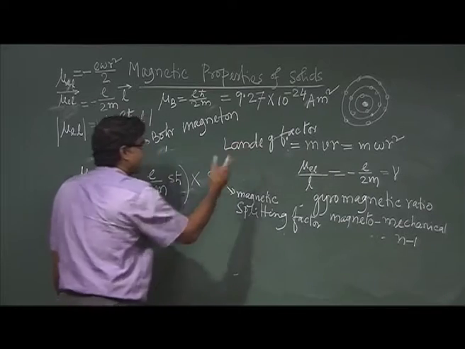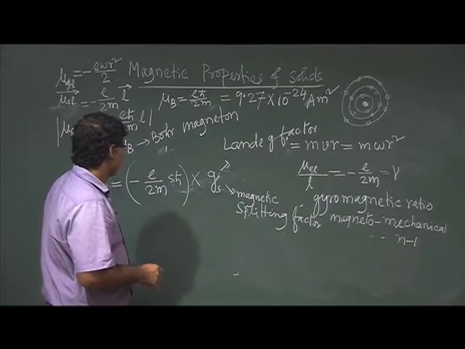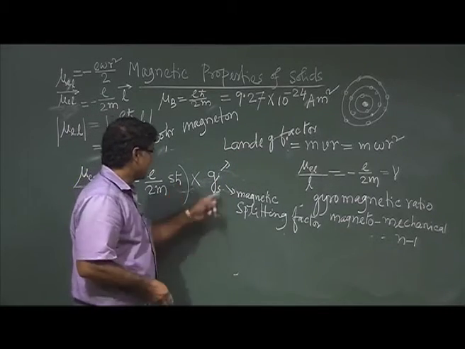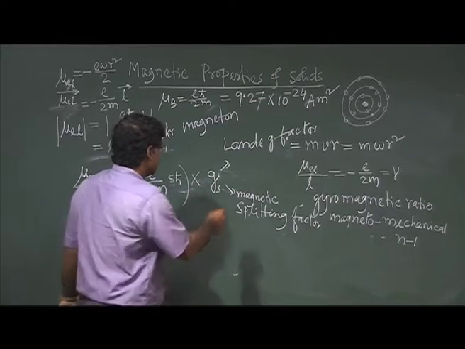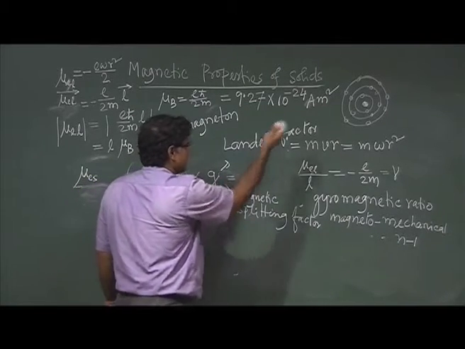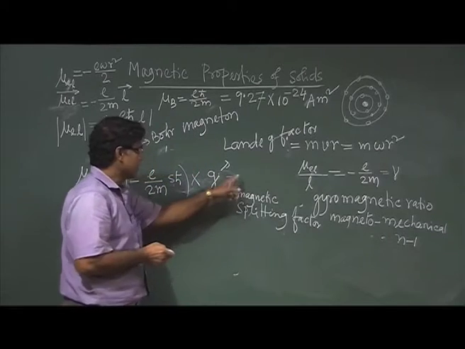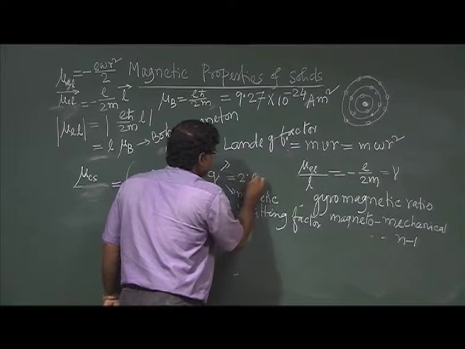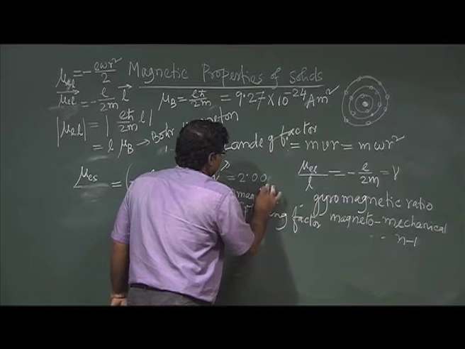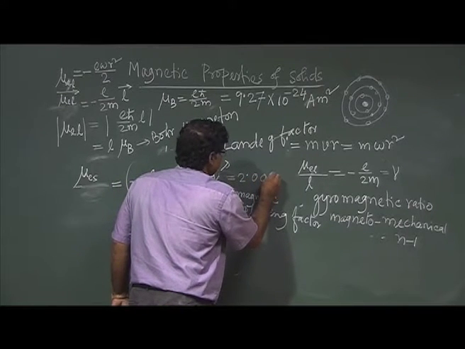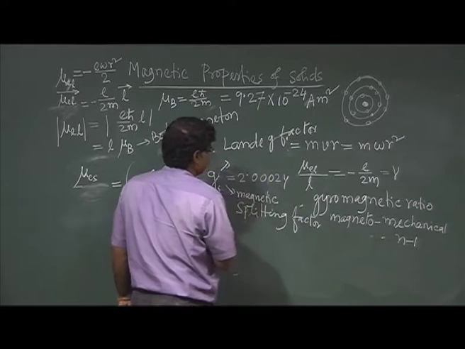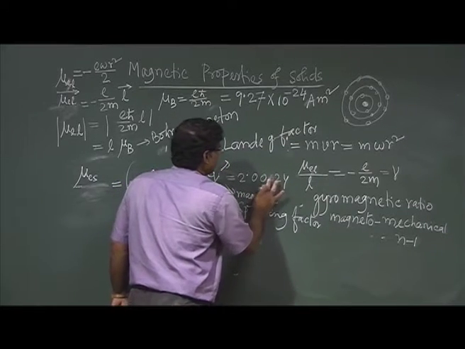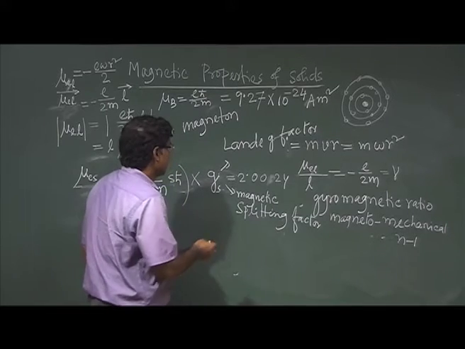So, for an electron in an orbit that has spinning motion, the g factor for the spinning motion of the electron is generally 2.0024 or so.